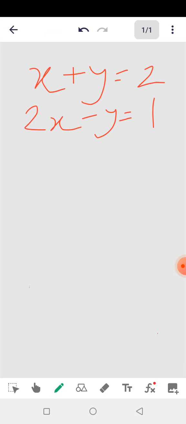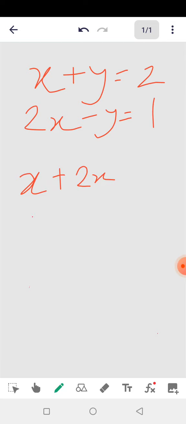Now, since the coefficients in both equations have the same value but different sign, it will be faster for me if we add equation 1 and 2. So when we add equation 1 and 2, we'll be having x plus 2x. So we have x in the first equation plus 2x in the second equation.